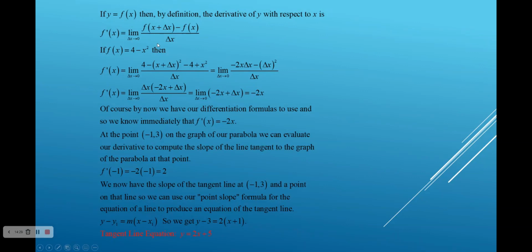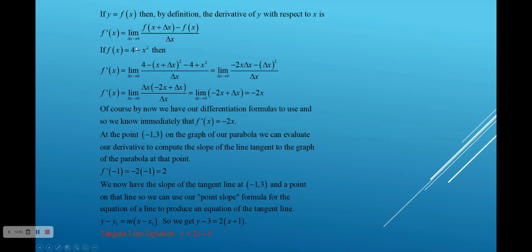This, by the way, is the definition of something called a derivative in calculus. You also compute this limit by definition. It's going to give you the slope of the line tangent to the graph of a function at some point on the graph corresponding to whatever x value you're having here. But how can we compute this limit?